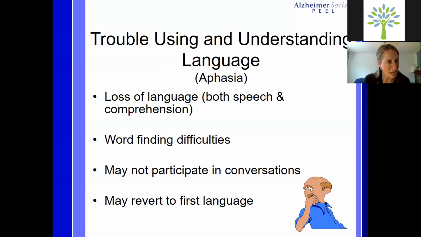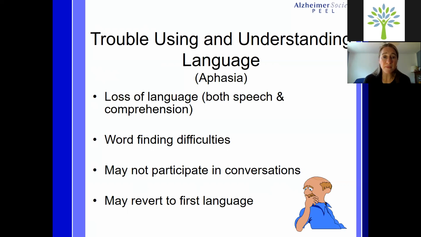I'm thinking of it, I just can't fill in that blank. Or we often hear a lot of clients say, that thing over there. You know, that thing. We often hear that kind of description. We may find that our clients or our loved ones start withdrawing from conversations because they can no longer keep up. It's taking them longer to process, and the conversation has moved on by the time they've put together what they wanted to contribute.